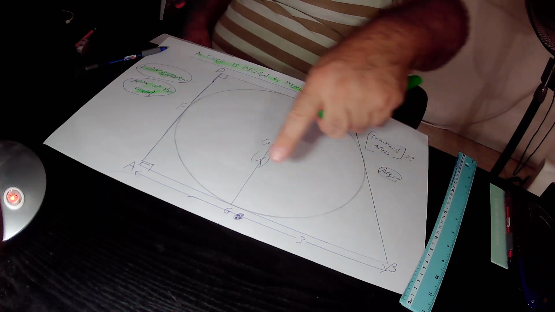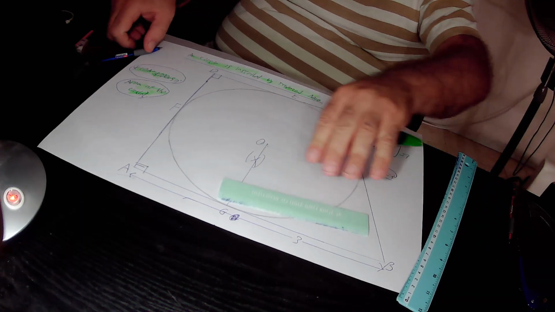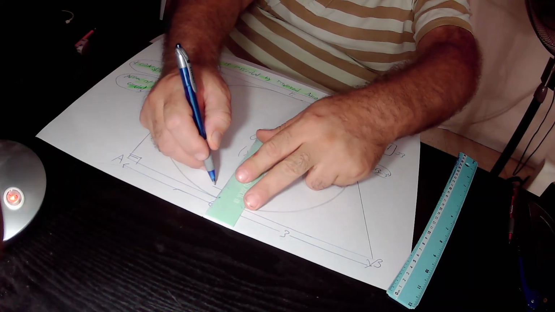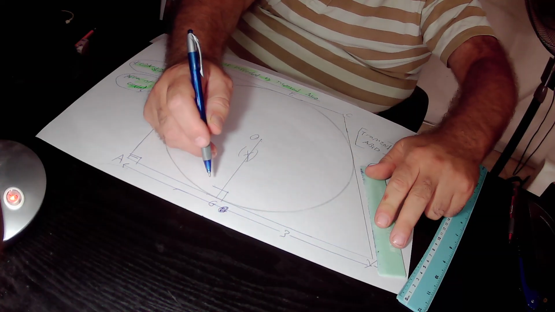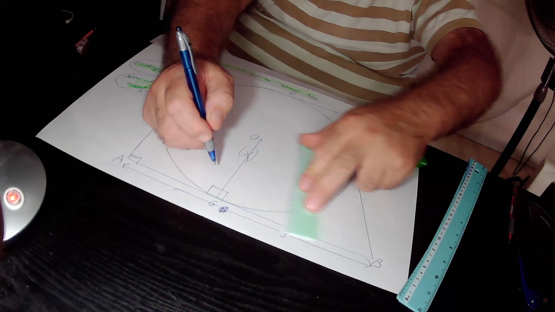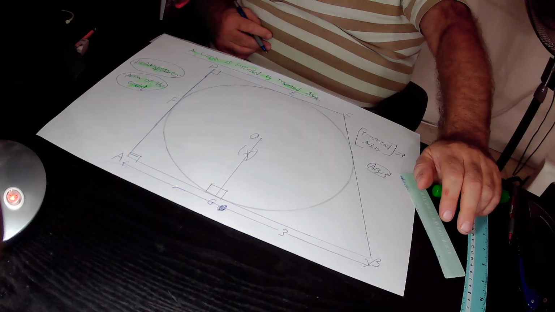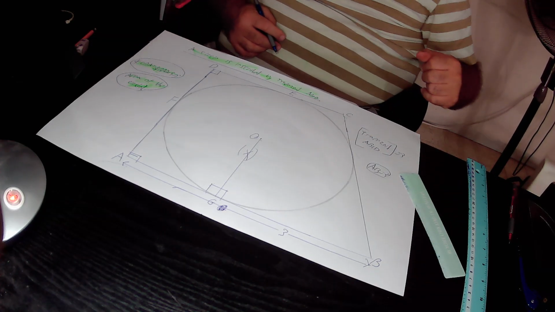If AB is perpendicular to GO, it means that this angle equals 90 degrees, and this angle also equals 90 degrees, according to rule 1, of course. In the next step, I'll implement rule 1 in our drawing without any explanation.